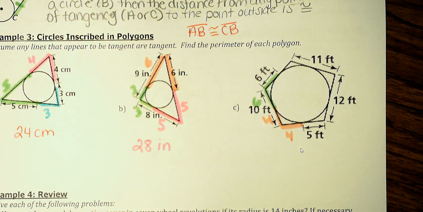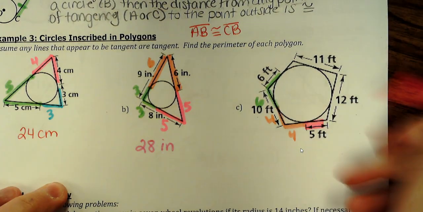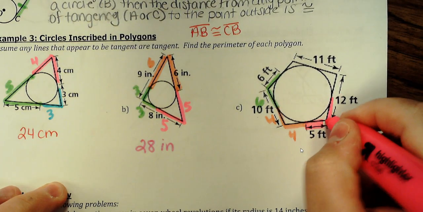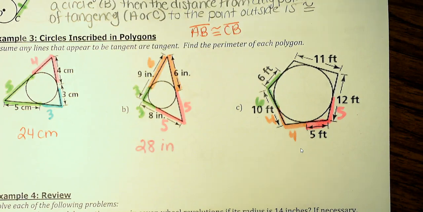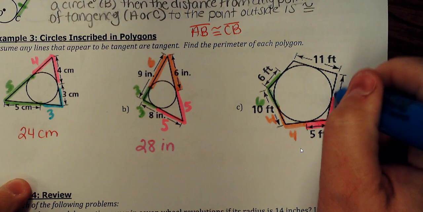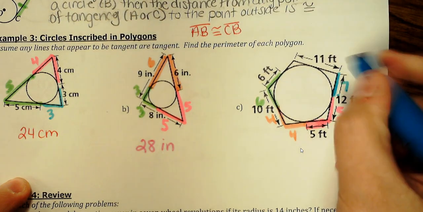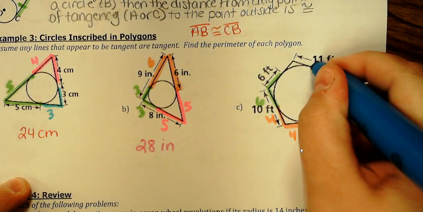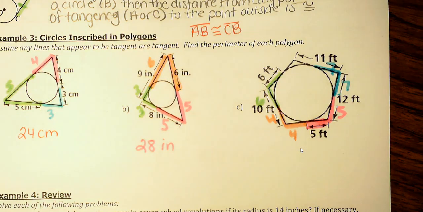Now, I've got a 5 here, and so to this tangent point, the same one outside, this would be 5. Now, it's telling me in the picture there that whole side is 12, so if that much of it I've colored so far is 5, the rest would have to be 7. So I would add up to 12, and then that corner has to match, so that would also be 7.